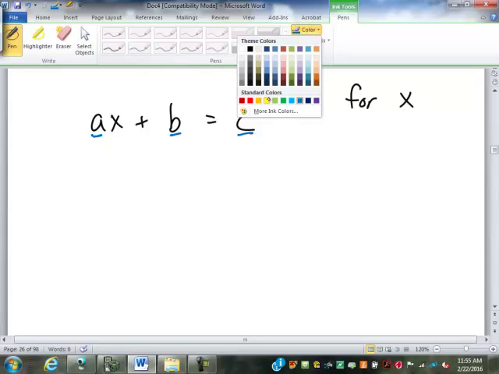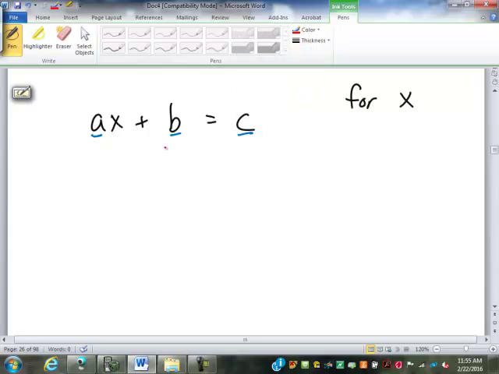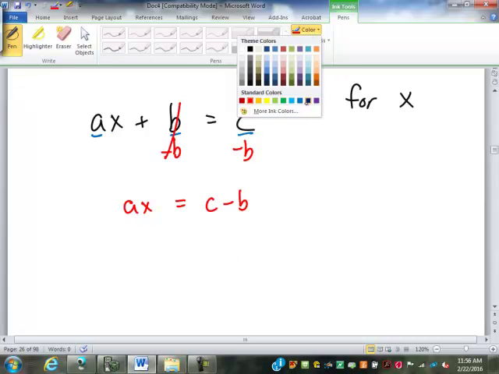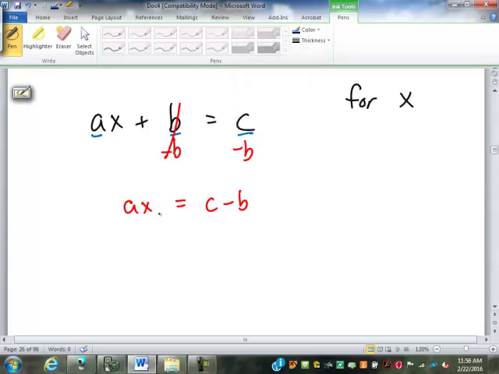Even though they're not numbers, we're still going to follow the same process. We'll subtract b, so we're left with ax equals c minus b. And then we will divide by a, leaving us with just x here because the a is gone. C minus b divided by a is simply c minus b over a.